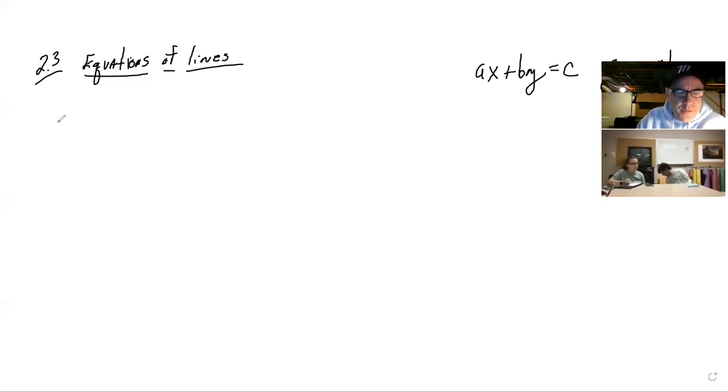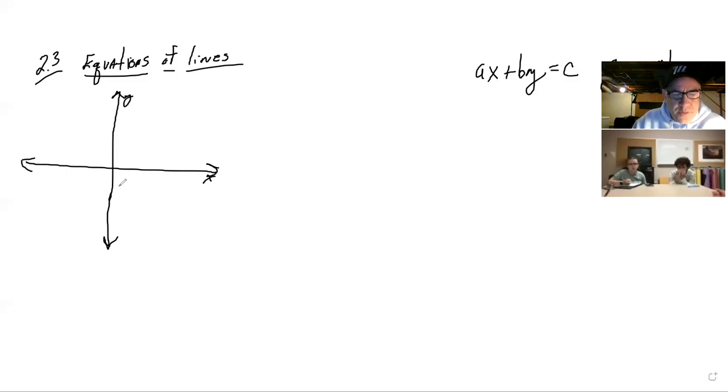Now, big one, and this concept goes all the way through calculus, and it's what a derivative is. Every line that I might graph on the coordinate plane, and this is just an arbitrary line, has a pitch, a slant.